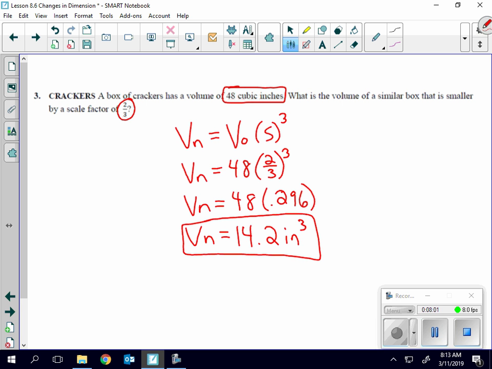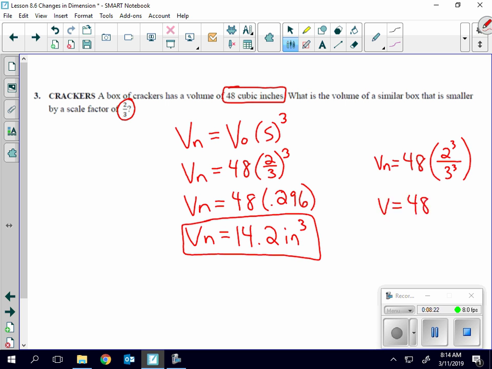For those people that want to see that without the rounding, I'm going to do it over here. It would be 48 times 2/3 to the third power. Well, that's 2 to the third power over 3 to the third power. Let's just do that again here.